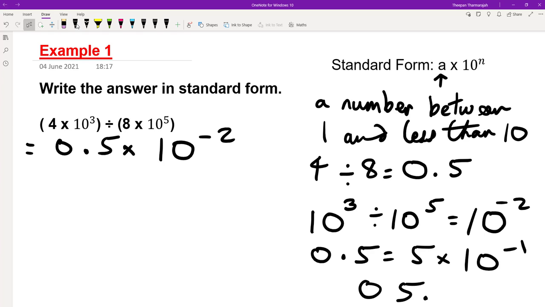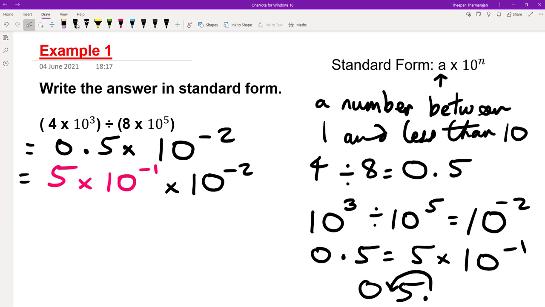Well, if we say the decimal point is here, we go one space backwards to make it 0.5. That's why we get 5 times 10 to the power of minus 1. So I'm going to replace 0.5 with 5 times 10 to the power of minus 1. And then we've got times 10 to the power of minus 2.